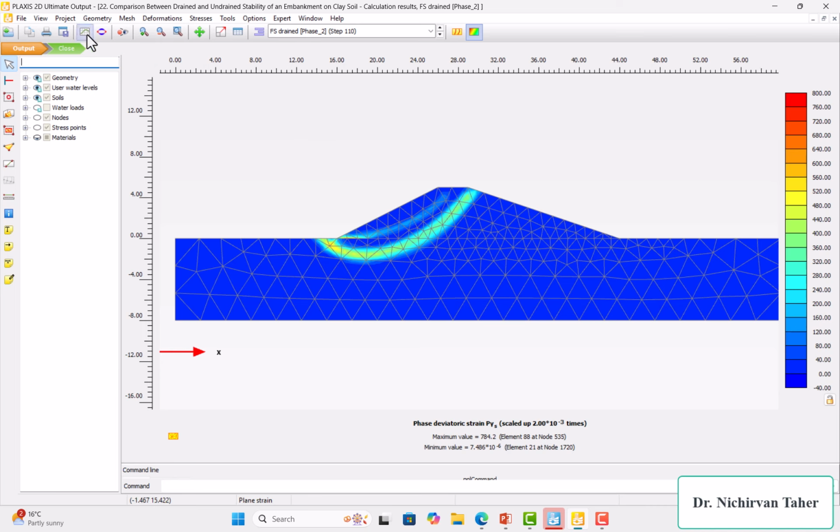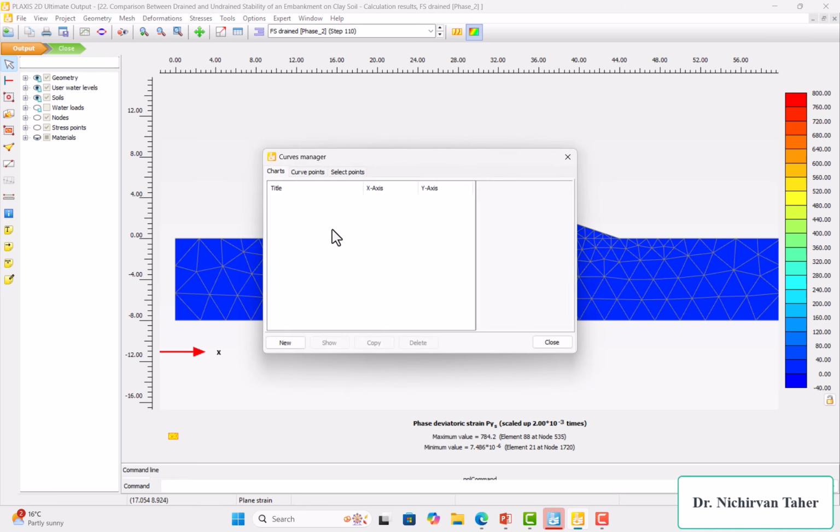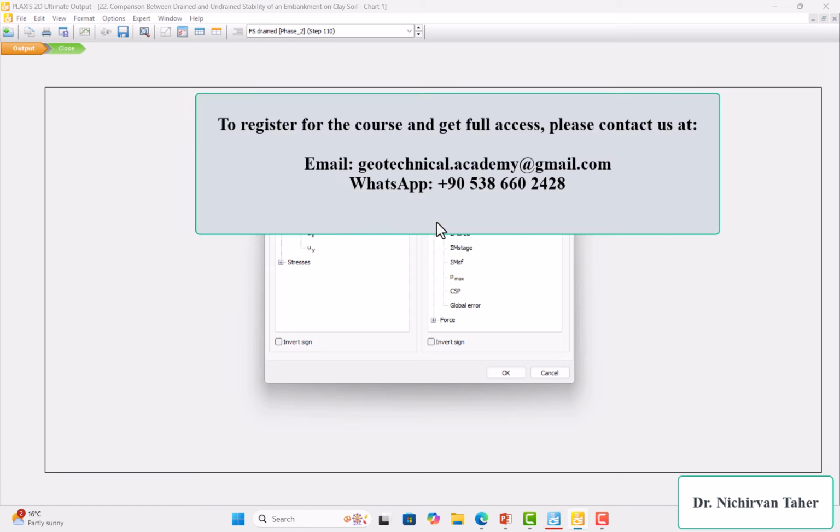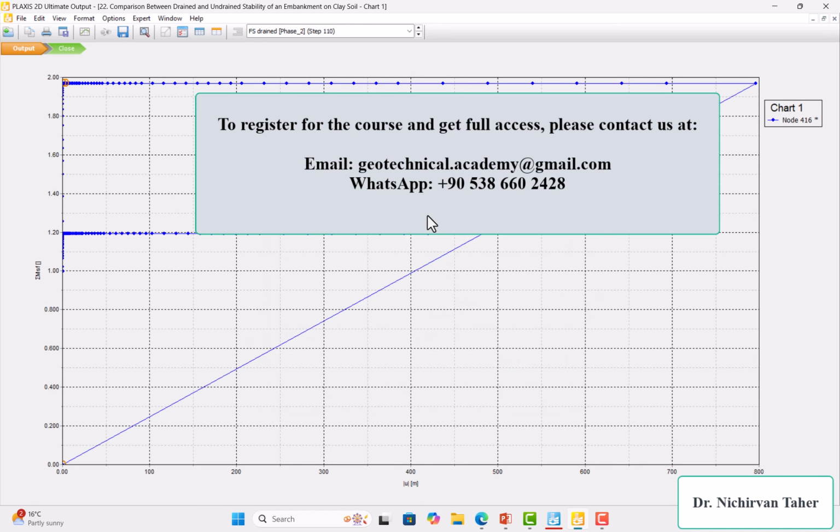Also, we can draw the factor of safety versus deformation. So in X direction, if I select the deformation, here we have node and deformation, total displacement, and in Y direction, if I select project multiplier and sigma m sub SF, which is a safety factor, and click OK.